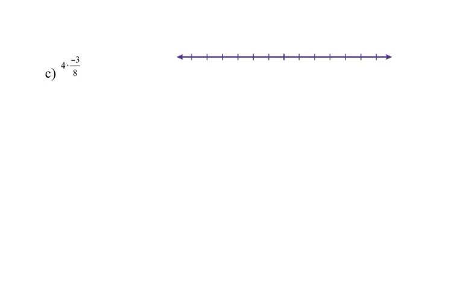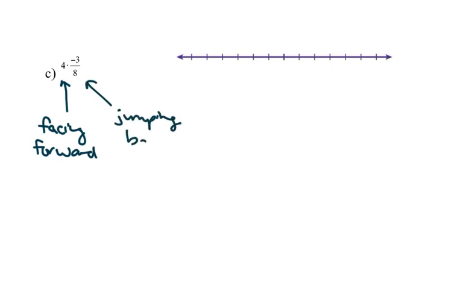In this problem, we are multiplying 4 times -3/8. We are facing forward and jumping backward. So the number out front indicates which direction we're facing.